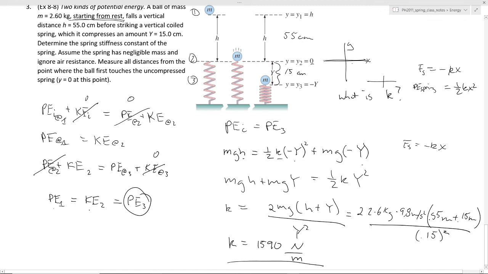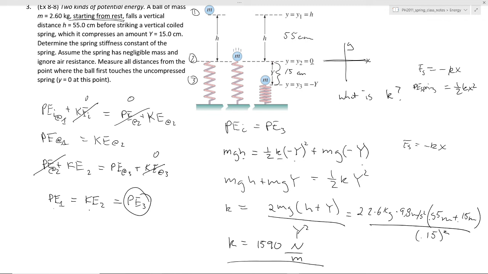So this choice of putting this in the middle was strategic. It just simplifies the problem a little bit. And really the most common example of this is if you're looking at a gravitational situation, you would often put the coordinate system at the ground, because then your other term will be 0.